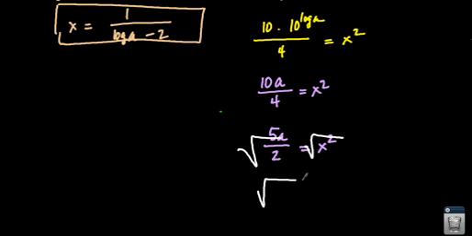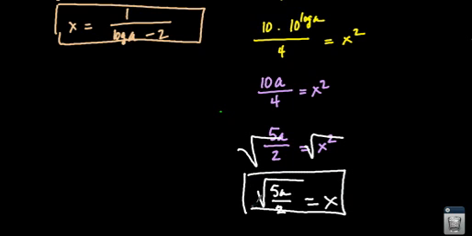So we end up with the square root of 5a over 2, which equals x, and that is your final solution.